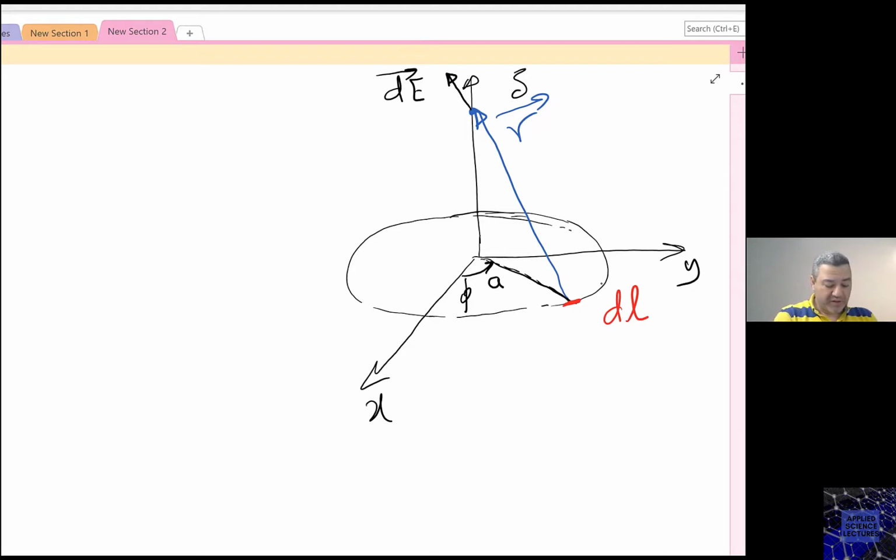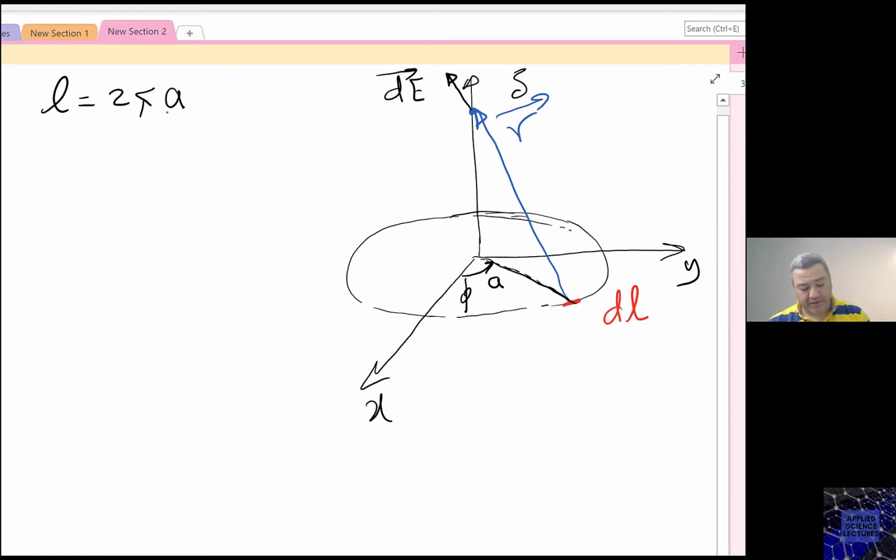We all know the circumference of the circle L equals 2 pi a. 2 pi is for one full circle. In case I have a portion of a circle, then this 2 pi is the amount of the angle here.